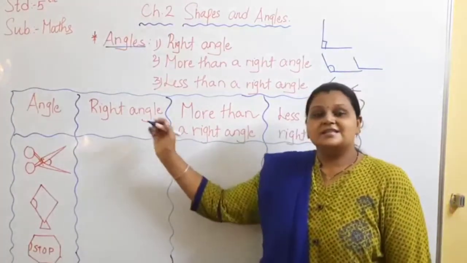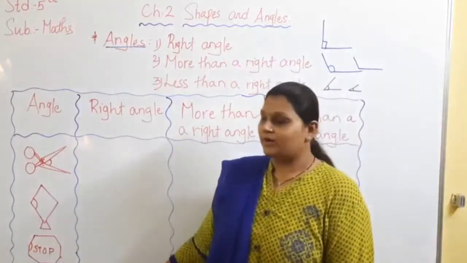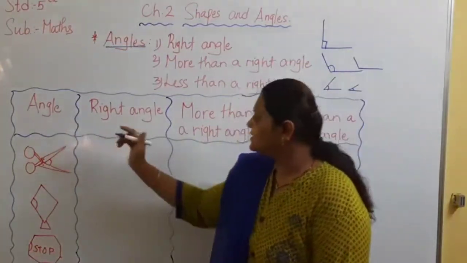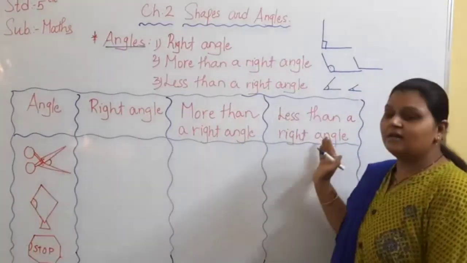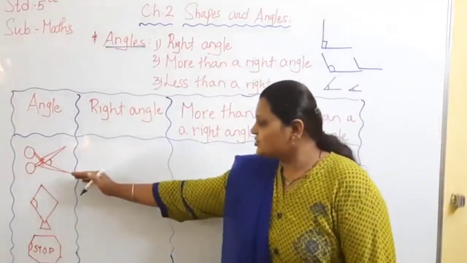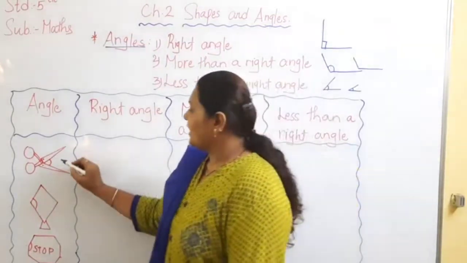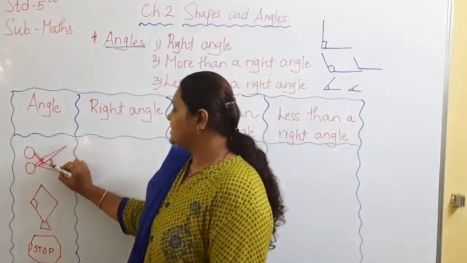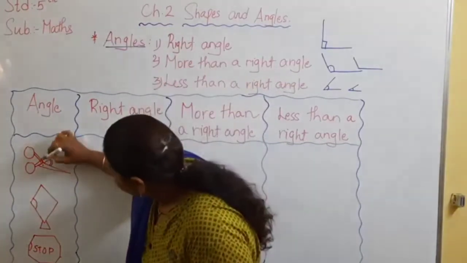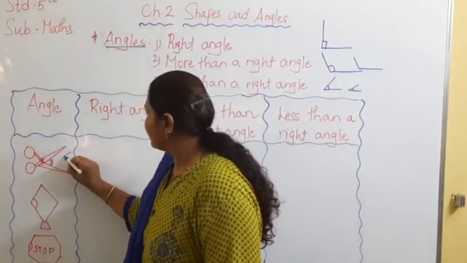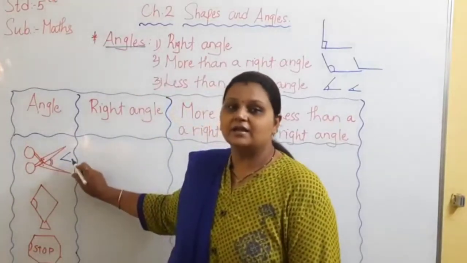Now let's see some pictures in which the angles are formed. First, angles: right angle, more than a right angle and less than a right angle. The first shape is of a scissor. Here we can see one angle is formed. So it is very clear because the shape of the given figure is somewhat like this.